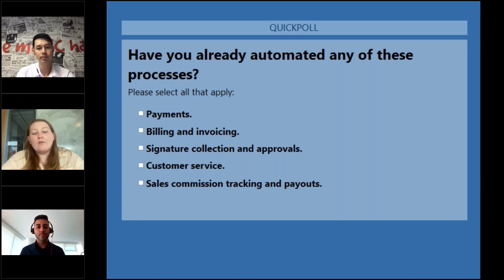You can select one or more, depending on how much automation you use in your day-to-day. Billing and invoicing is our second option. Signature collection and approvals is our third. Customer service workflows is the fourth option. And then, of course, we have sales commission tracking and payouts. We're going to go into these a little bit deeper throughout the webinar, but for now, get your answers in.